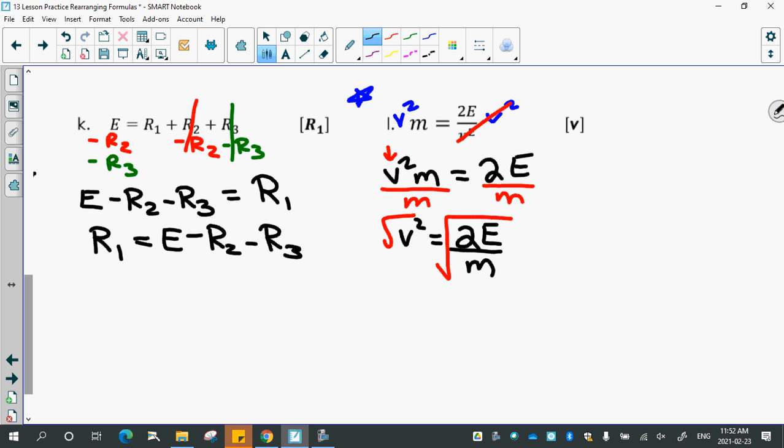So v equals big square root of 2 times e over m. So when what you want to be your subject is in the denominator, your first step is multiplying both sides by that, so it gets to be at the numerator of the other side. Good strategy.